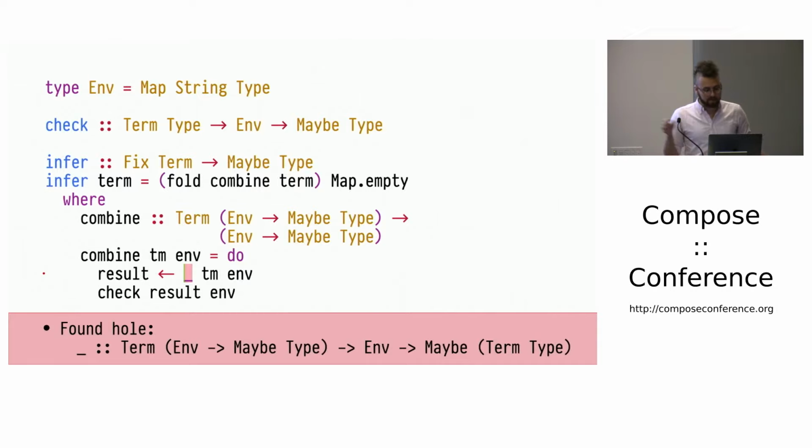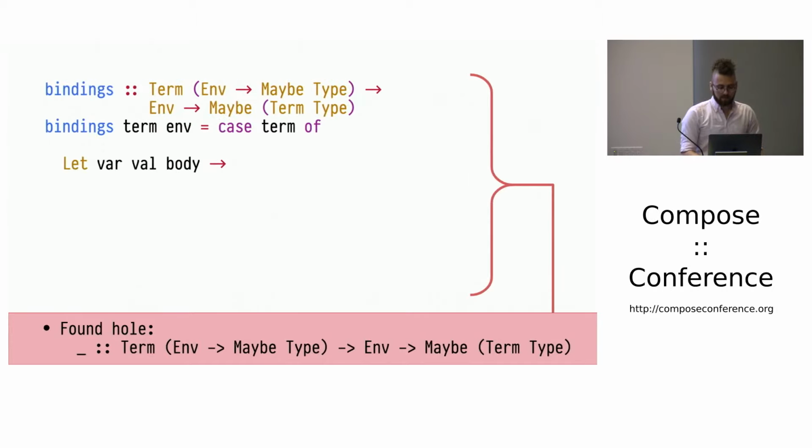So that's to say, if I can find a way to take a term that's full of environment-taking maybe types, and I can take an environment and use it to produce a maybe term of type, that's to say, I can take an environment from the top and use it to feed these functions that are waiting for the appropriate environment to give me what the type would have been in that particular environment. Then I can build this whole function that infers things properly by folding up to create a function that threads down.